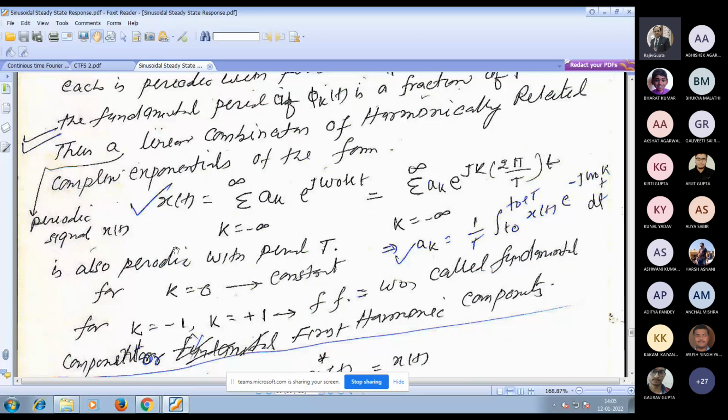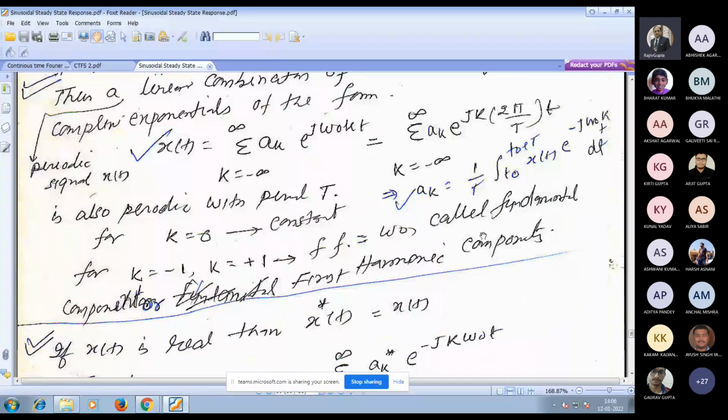And in order to find the value of a_k, which is a Fourier series coefficient, we have a mathematical relation: 1/T times the integration over a period of x(t) e^(-j k omega naught t) dt, where omega naught or f naught is known as the fundamental frequency or the fundamental harmonic.